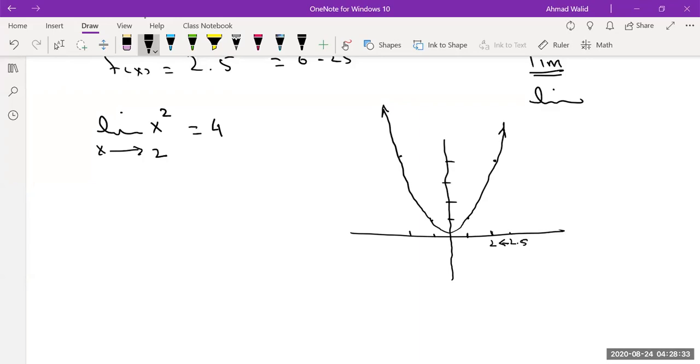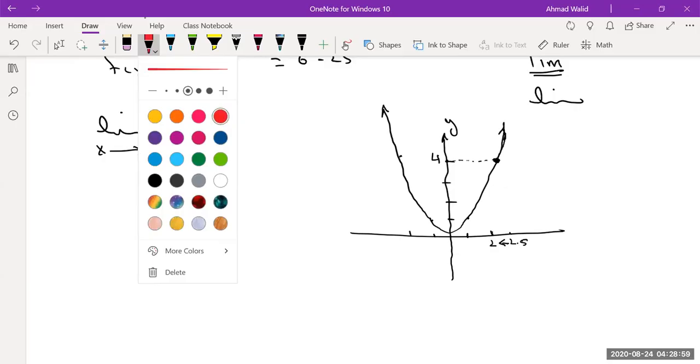When you are approaching 2, just watch my cursor here. I'm moving the cursor to 2, which is this point. How much is the height of the curve here? You always read the height from the y-axis, right? This point is 4.